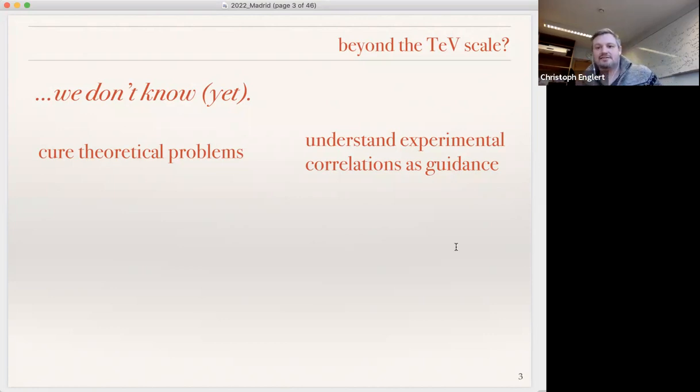Or you go back to the experimental drawing board and try to understand the correlations that we've seen or get reported from the multipurpose experiments, say ATLAS and CMS, try to understand them from a new angle and perhaps use those correlations as guidance towards understanding what the next chapter in this story might be.